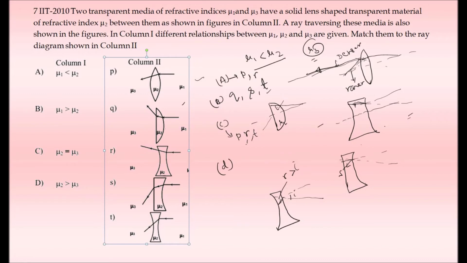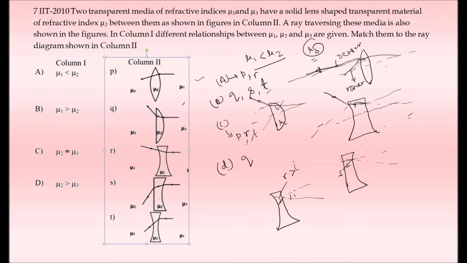Here if you see the figure B, as it is a rarer medium, it should move away from the normal line, so it's true, and in this way Q is correct. Again if you see the option R, the image is this one. Now the normal line is this way, and the light ray should move away from the normal line, and here we observe no deviation, so it's wrong. Here also we observe no deviation, so it's wrong.